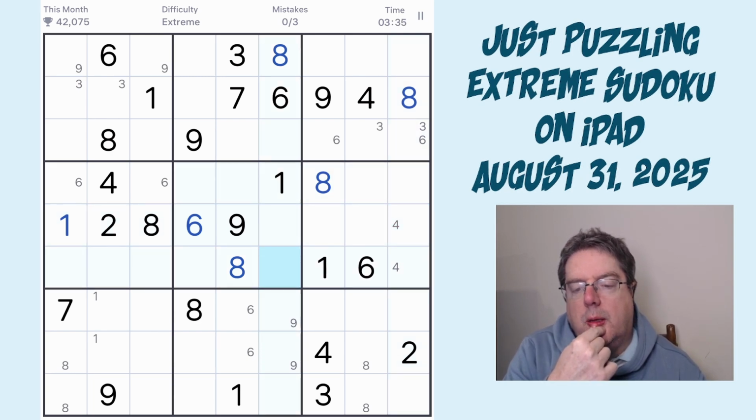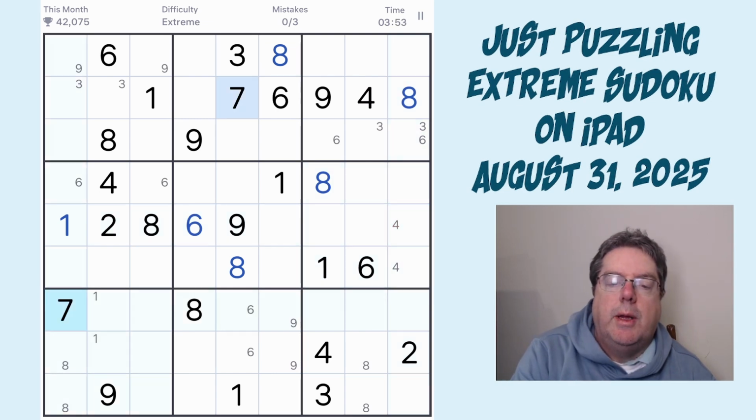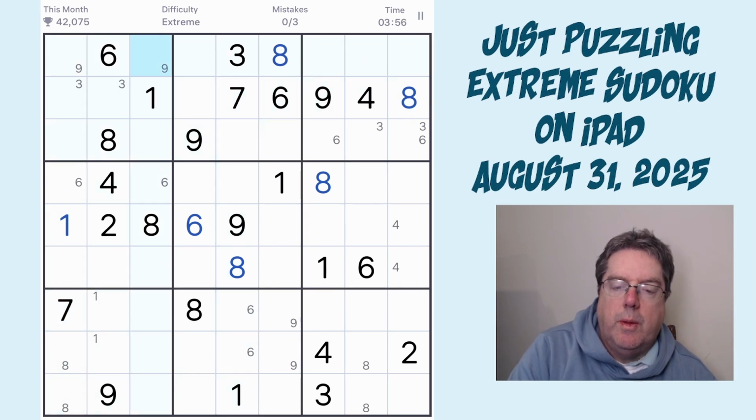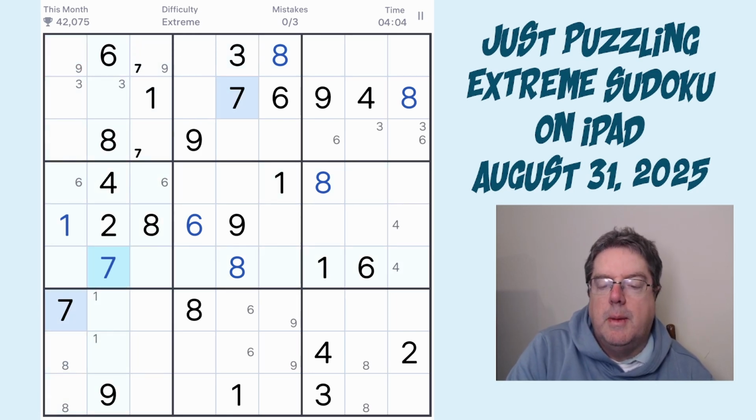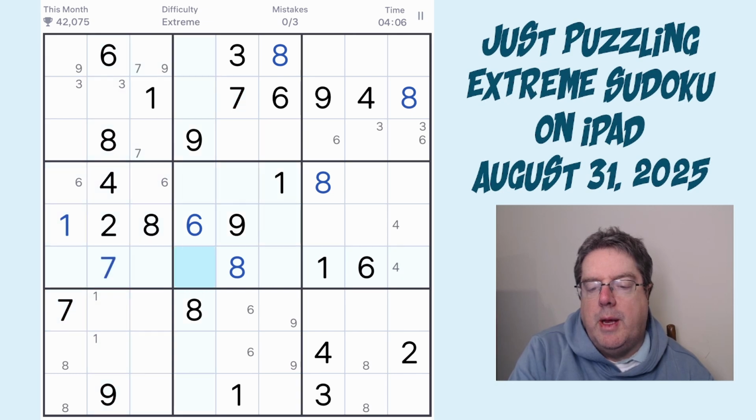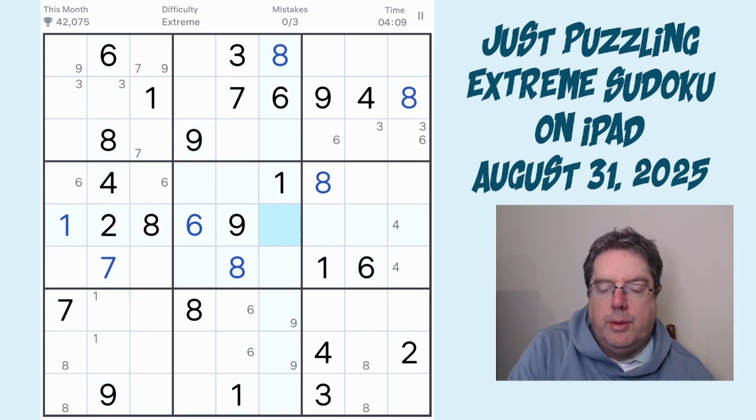5. Yep. 6, 7. Yes. And 9. Okay, 7 comes up here, 7 comes across here, so 7's one of these two. 7 comes down here, 7 comes up here, so that's a 7 there. 7 comes across here, 7 comes down there, so this is a 7 here and here.